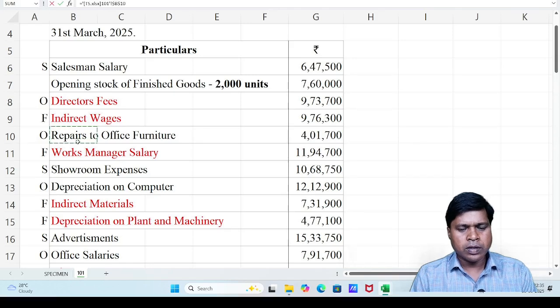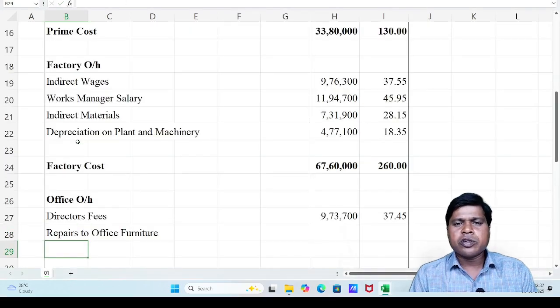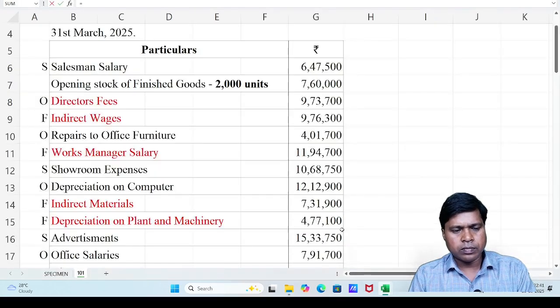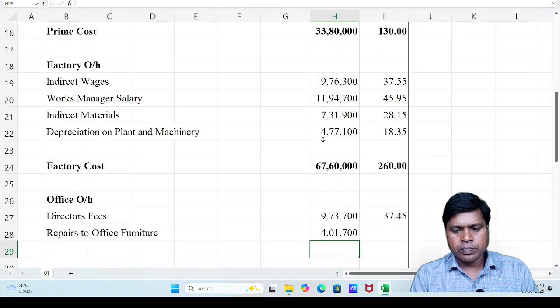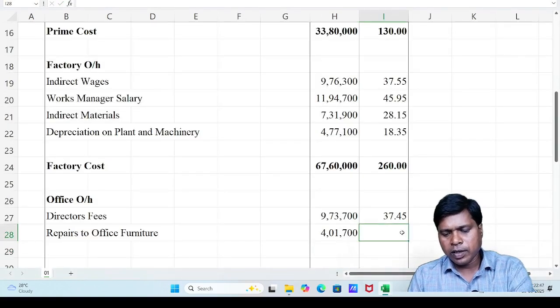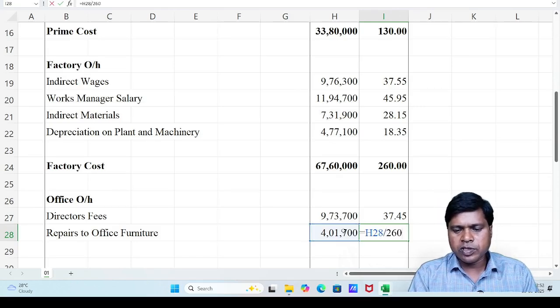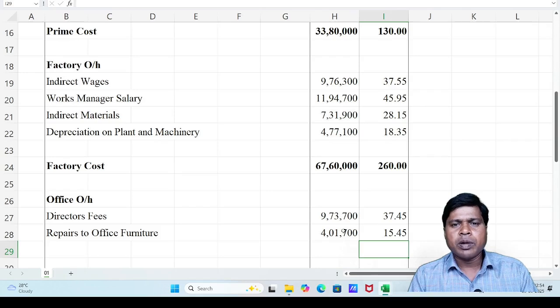Repairs to office furniture 4,01,700. Again calculate per unit, repairs to office furniture divided by 26,000, 15.45.